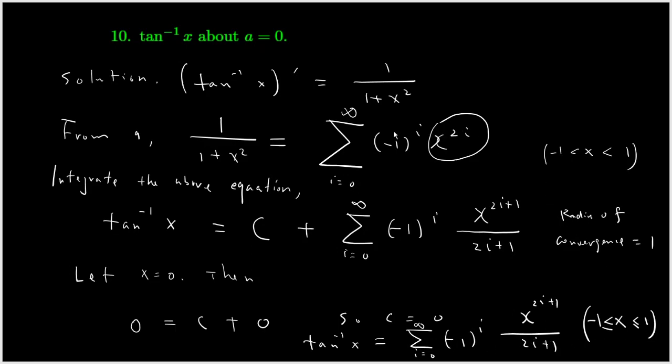The representation of 1 over 1 plus x squared has radius 1, and the interval is from -1 to 1, without including the two endpoints. But for the representation of inverse tan, the two endpoints are included. They still have the same radius of convergence, but the intervals differ by a little.